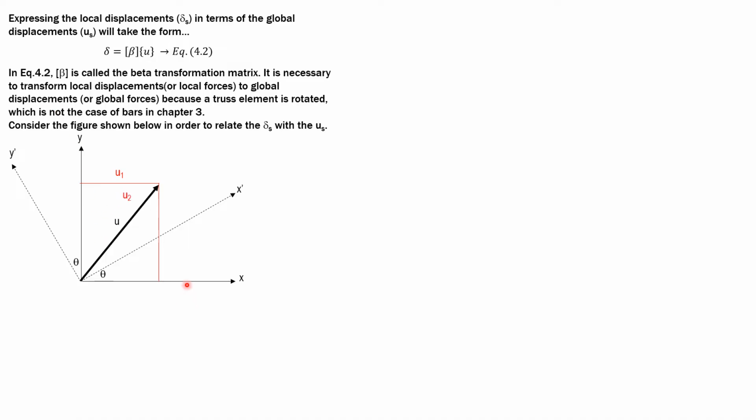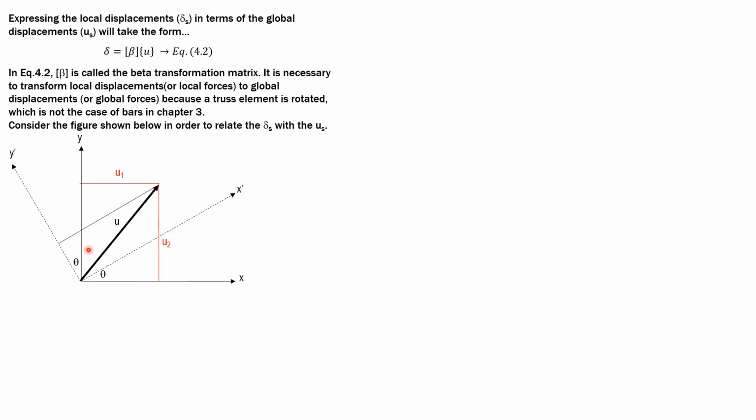So we need to express the deltas in terms of the u's. The delta matrix, delta 1, for example, is the length of the projection of this global displacement along the x prime axis and along the y prime axis.